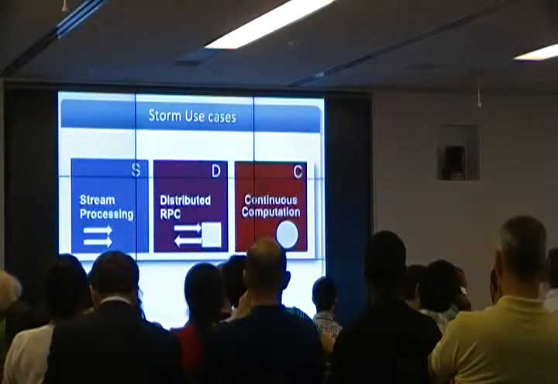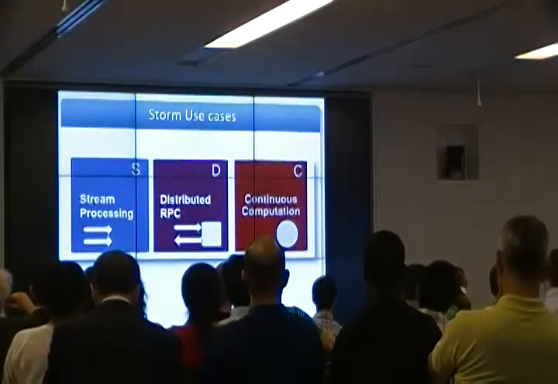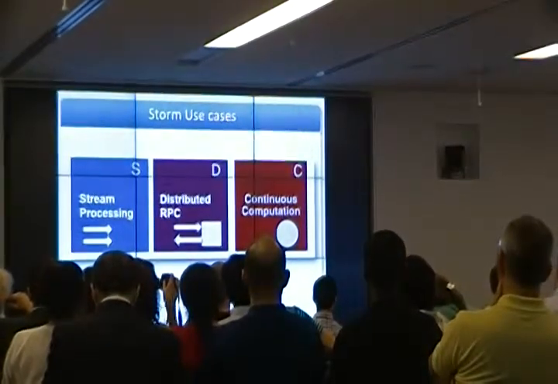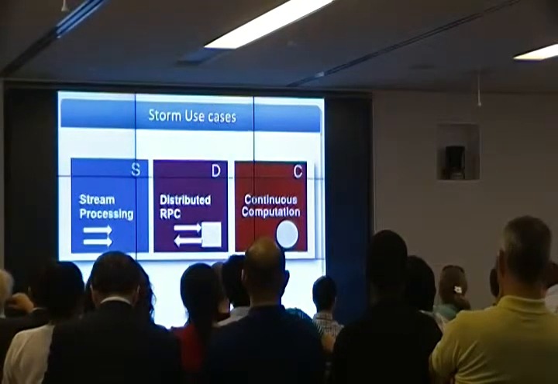Distributed RPC is more like when you want to ask a complex question of your system, and I will talk about that. And continuous computation is, for example, trending. What's trending? What's hot in the user community right now? So it's doing continuous computation.